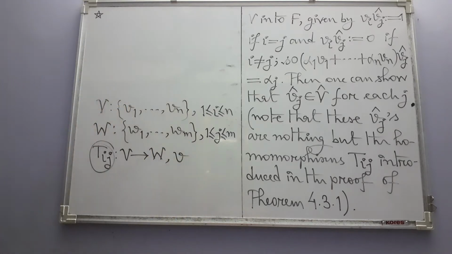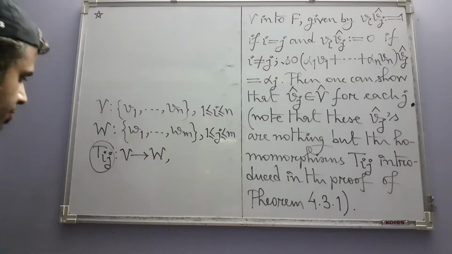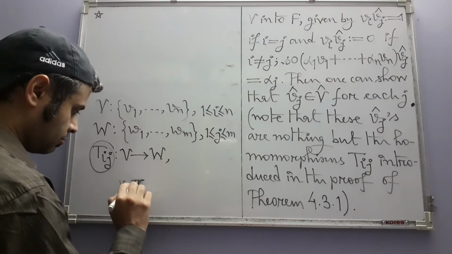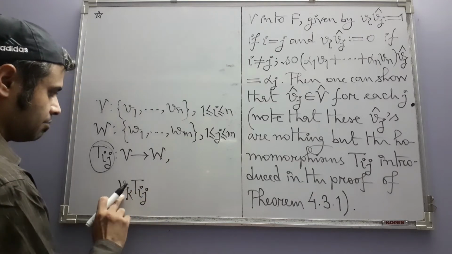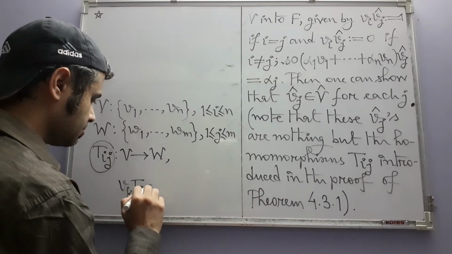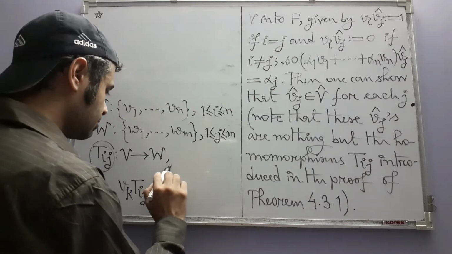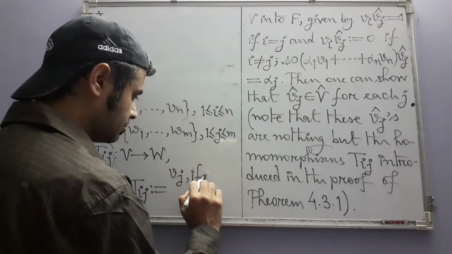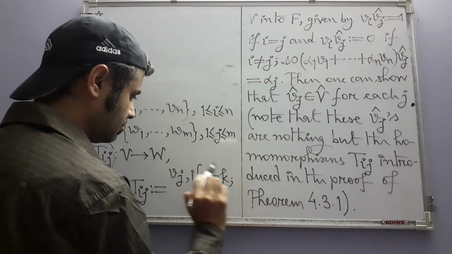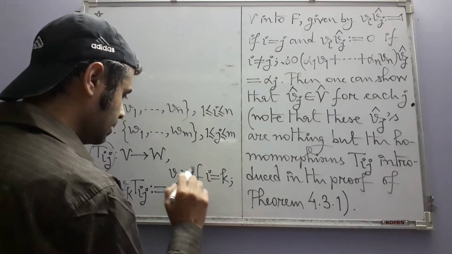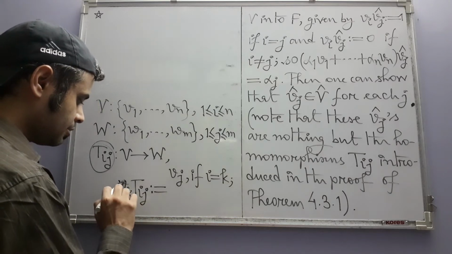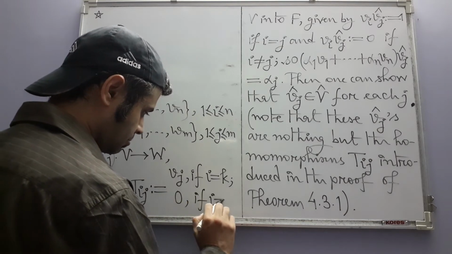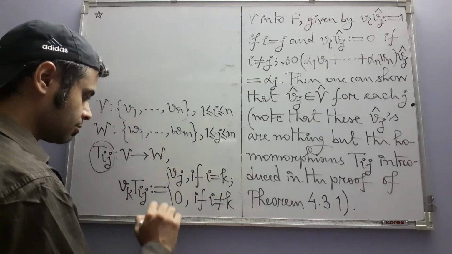So we had our definition like this: Tij applied to Vk, the basis vector, is equal to Wj if i is equal to k, and if i is not equal to k, then it is defined to be equal to 0.